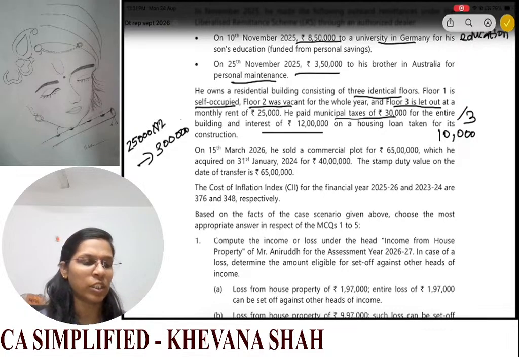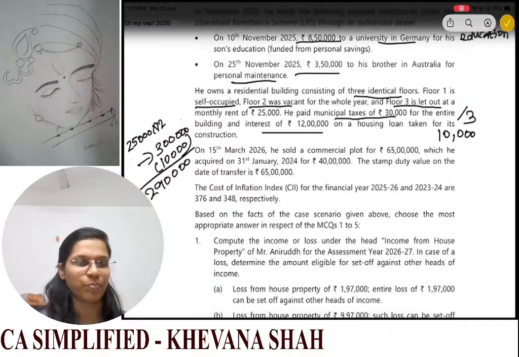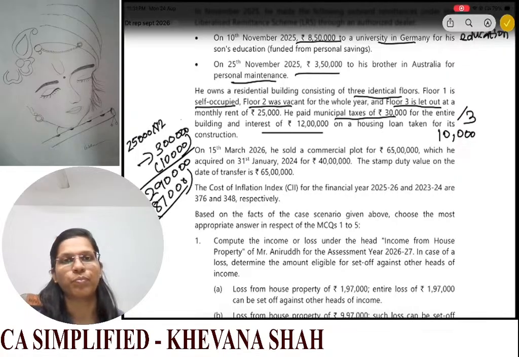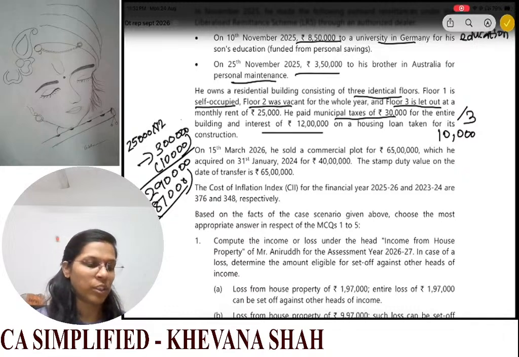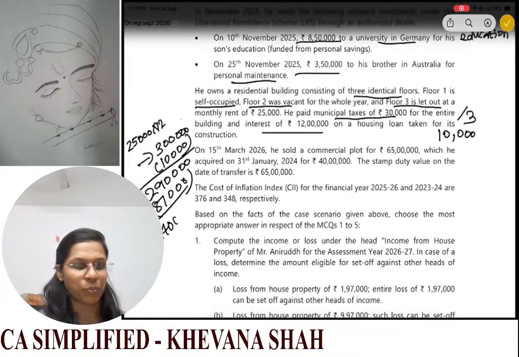Now from this you need to reduce the municipal taxes that you have paid. So 2,90,000. Okay. Now from 2,90,000 you need to reduce your 30% standard deduction, that is 87,000 rupees. And then you need to reduce your interest on housing loan, which is 4 lakh rupees.